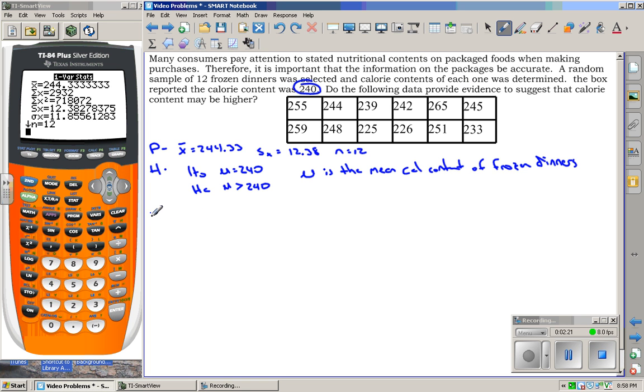Next up, A, test our assumptions. So the first thing to consider is, is this a random sample? It says it's a random sample, so if we write that in words, we could say given, we have a random sample of dinners.